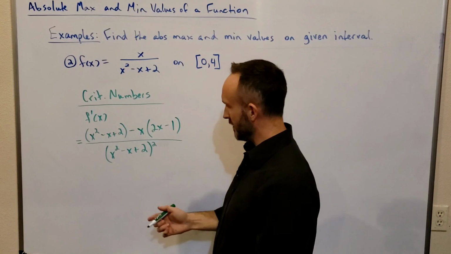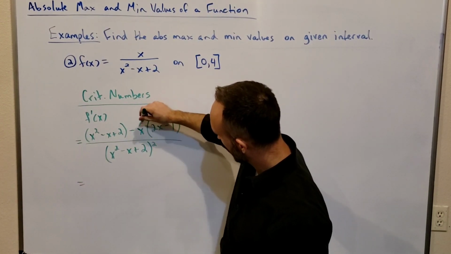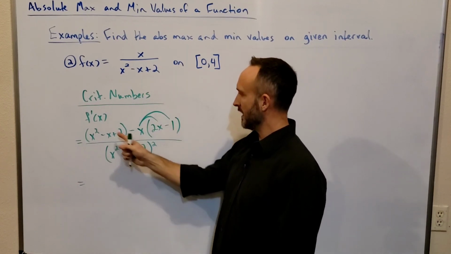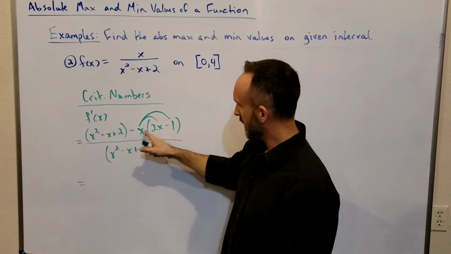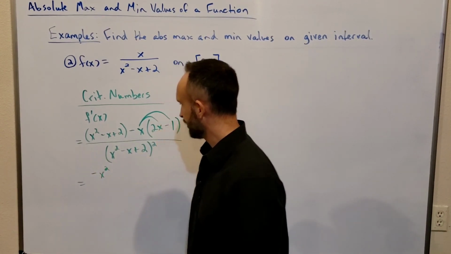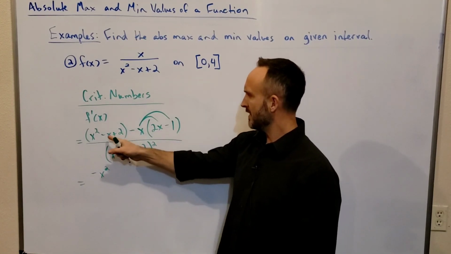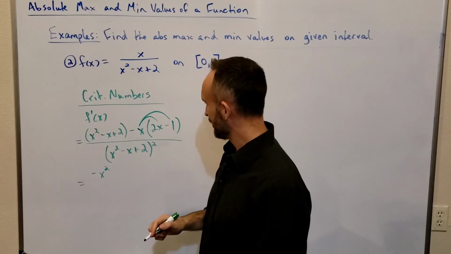And let's just simplify this down a little bit. Here I'll have to distribute my negative x. And then I can combine like terms. So I've got x squared minus 2x squared, which gives me negative x squared. I have negative x plus x, that's 0.